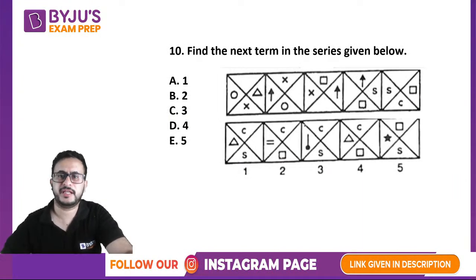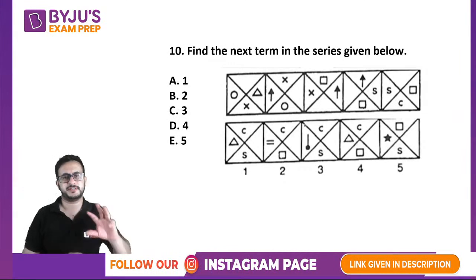Now there are 3 elements in this. There is one blank space and 3 elements. You need to find out how they are moving in this. Okay.